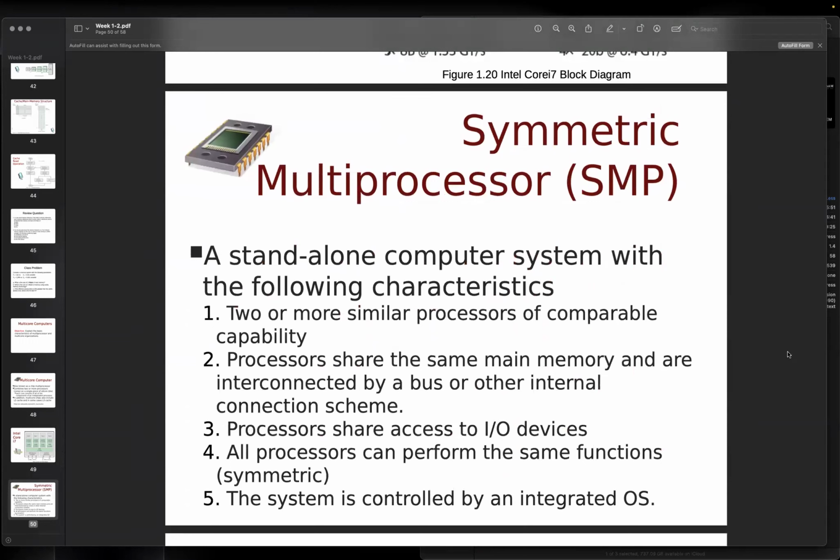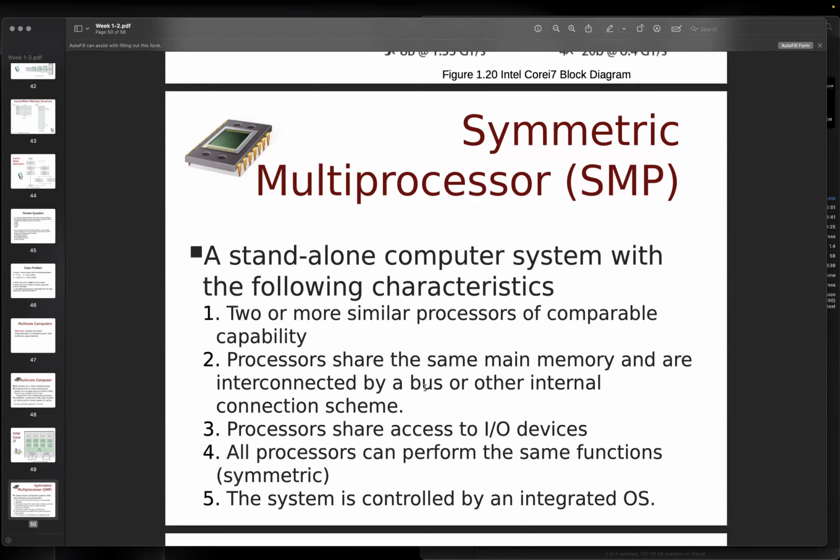And we talk about multi-processor, multi-core. One is called symmetric. It is a standalone computer system with the following characteristics. We have two or more similar processors with comparable capabilities. Those processors share the same main memory, and they are interconnected by a bus. A bus is a channel connecting different hardware, some other internal connection schema.